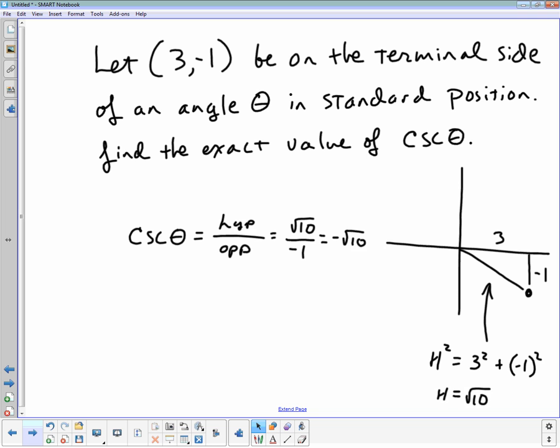Okay? And if you go to the calculator, really what we're saying here is that the tangent of this angle is negative 1/3. Rise over run. Take a message, I'm not here. Oh, okay. Yeah, take a message. It's okay.